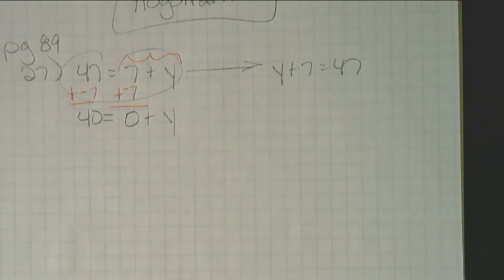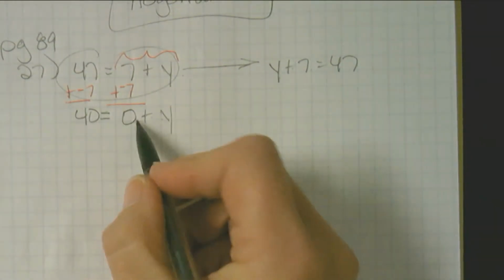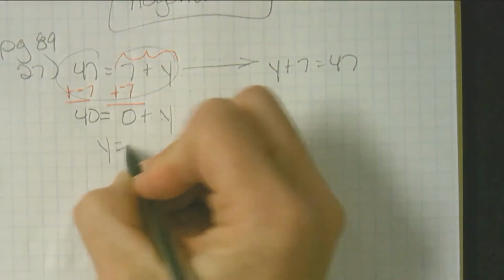Excellent. And that was positive, right? All right, so 40 is equal to 0 plus y, which means y is equal to 40.